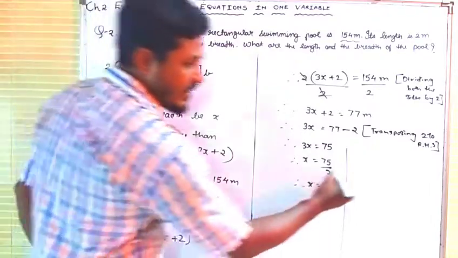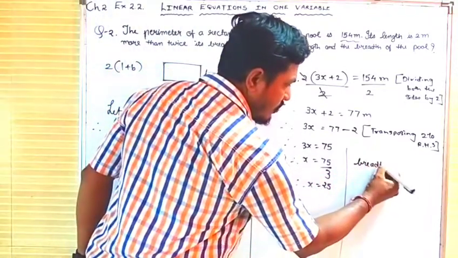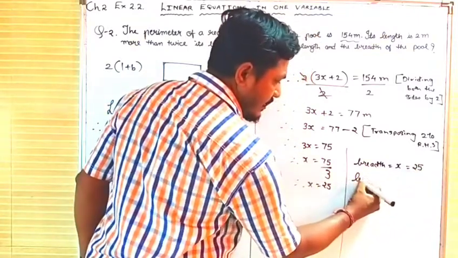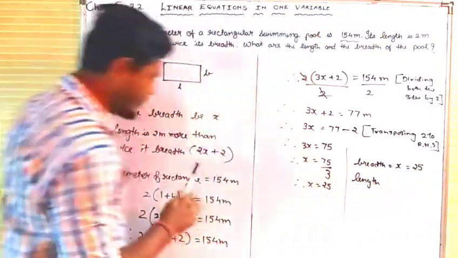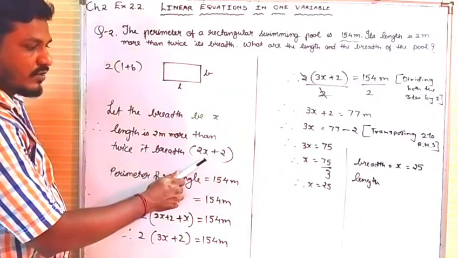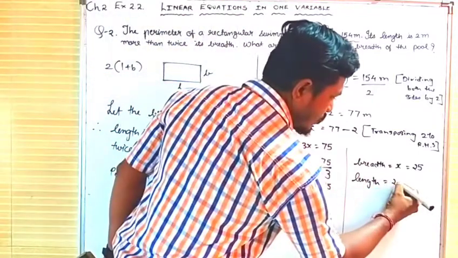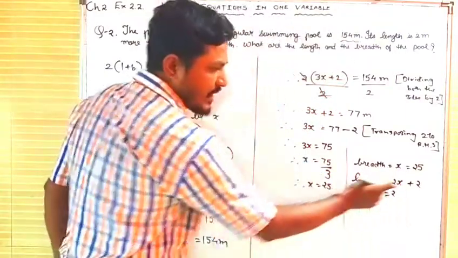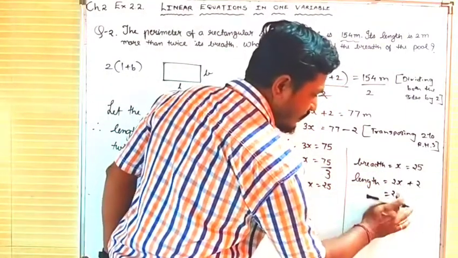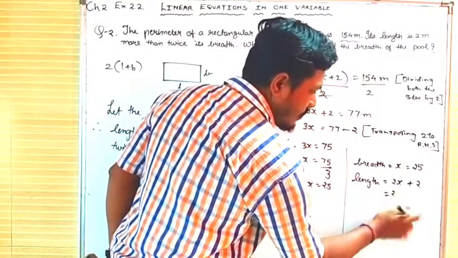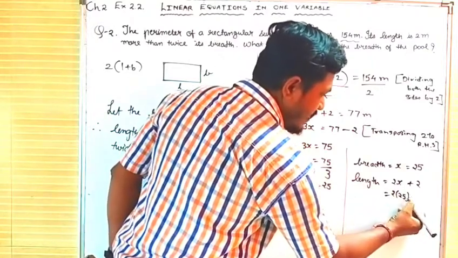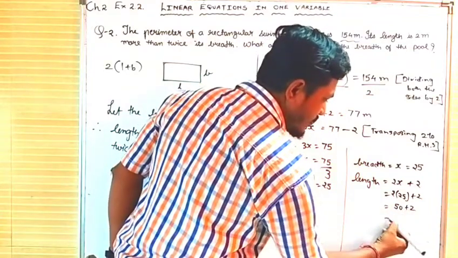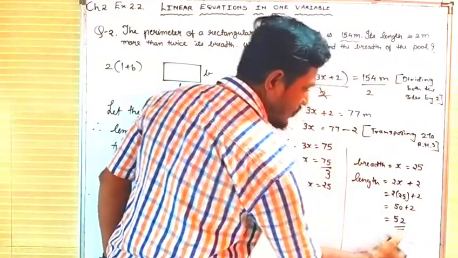So directly you write down breadth, which is equal to x, which is equal to 25, and the value of length, that is 2 meter more than twice of breadth, and the value of breadth we just now found is 25. So 2 multiplied by 25 plus 2. 25 2s are 50. 50 plus 2 is 52.